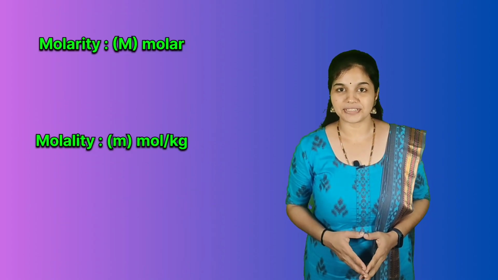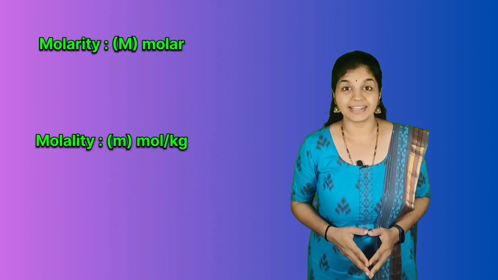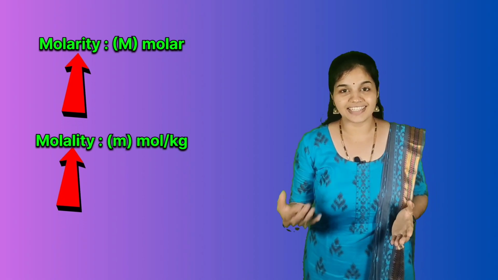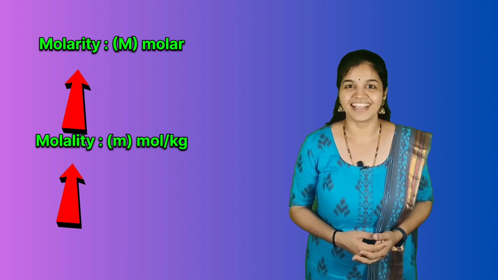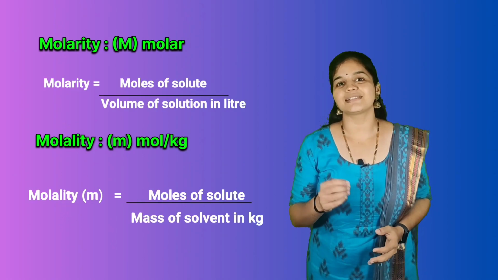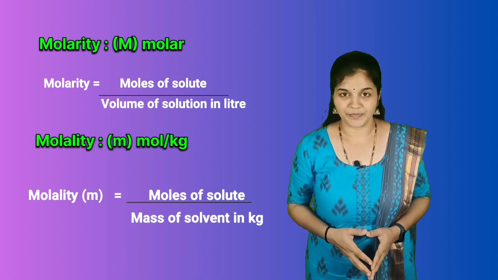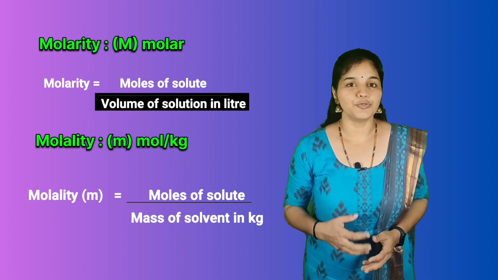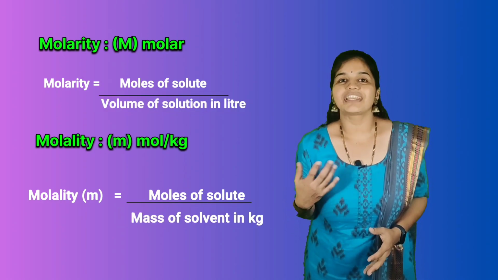There is a difference between molarity and molality, right? What is the difference? We have R in molarity and L in molality, isn't it? The difference is molarity is told in terms of volume of solution and molality is told in terms of mass of solvent. So how can we remember this?